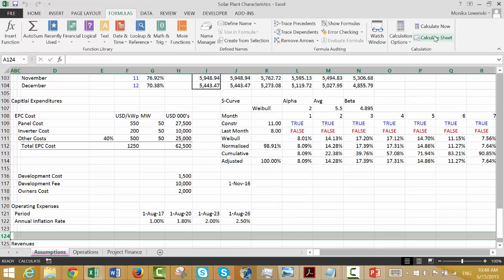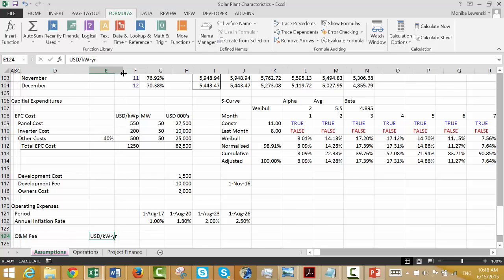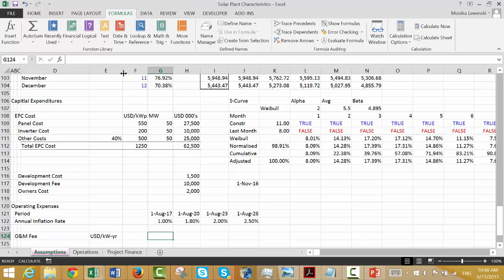And then let's put the O&M fee that we pay, and let's put this in USD per kW per year. Okay, and then let's put this as 15. So that's going to inflate.